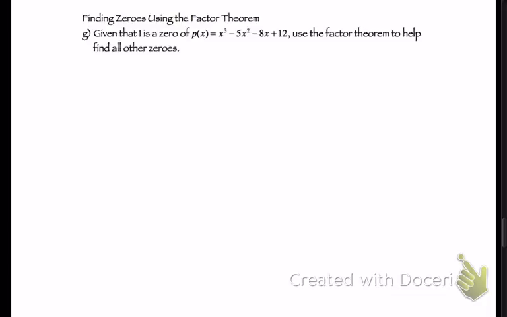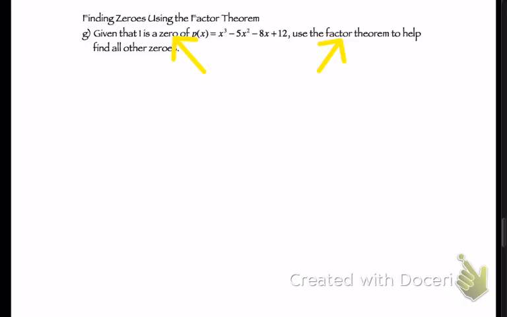If you think about what we did yesterday, I told you that 1 is a 0. That means if it is a 0, I must get a remainder of 0. Okay, if it's 0, that means it's a factor. Think about what the factor theorem said from yesterday. Think about those 2 bullets. If you need to look back and refresh your memory, great, look back at those 2 bullets.